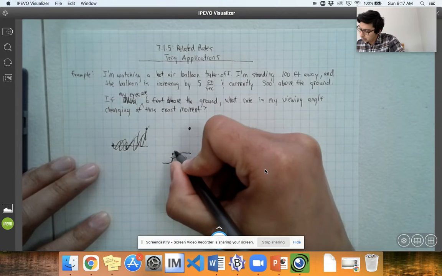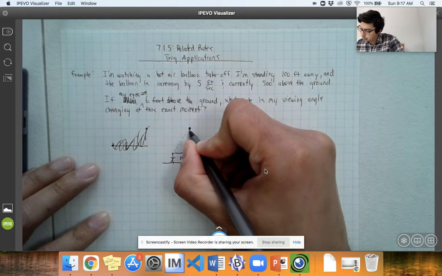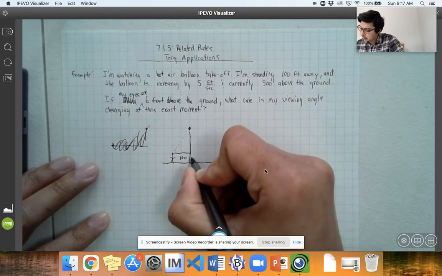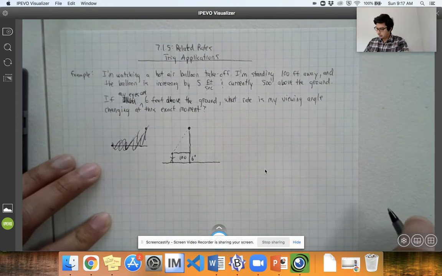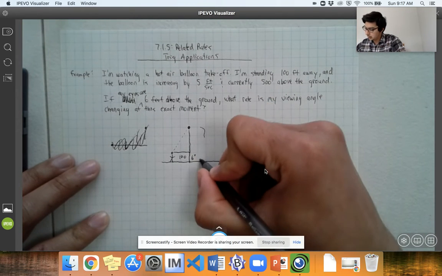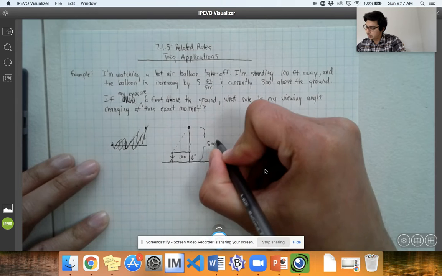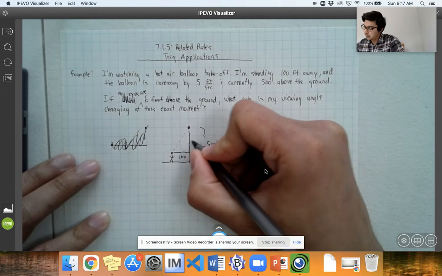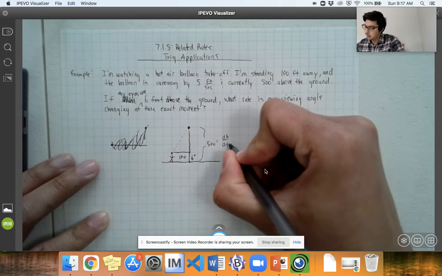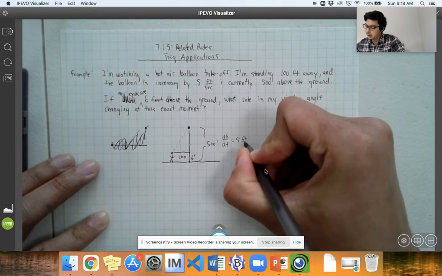My eyes that I'm looking up at that balloon are 6 feet above the ground. And the balloon is currently 500 feet above the ground, and it's increasing at a rate of 5 feet per second. So if I call this h, you'll know that dh/dt is equal to 5 feet per second.